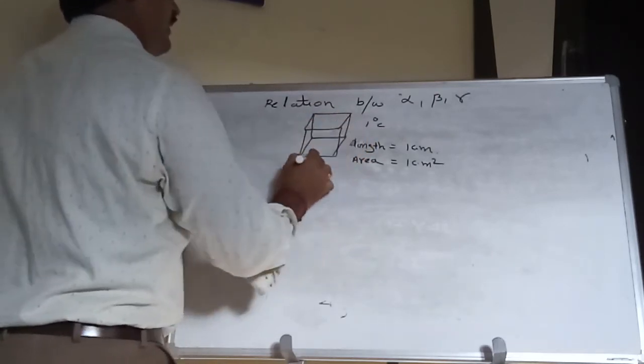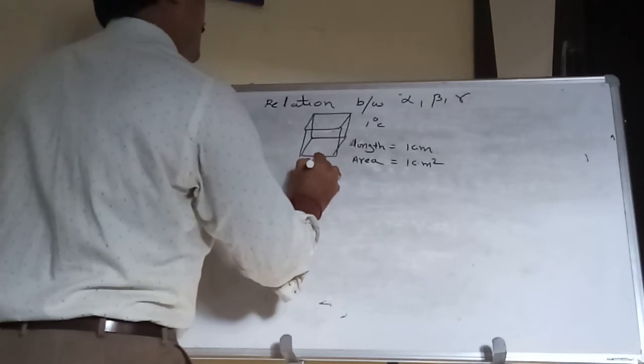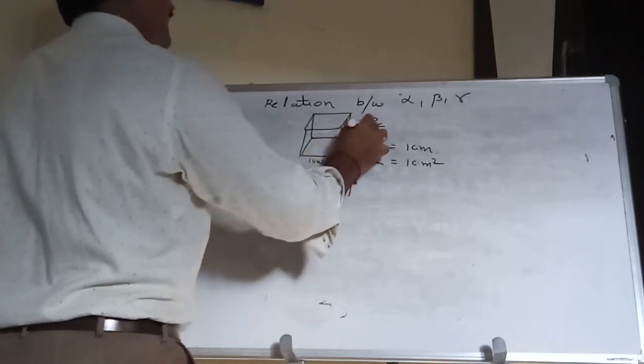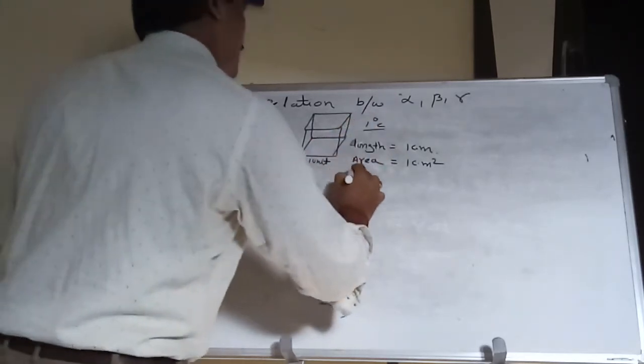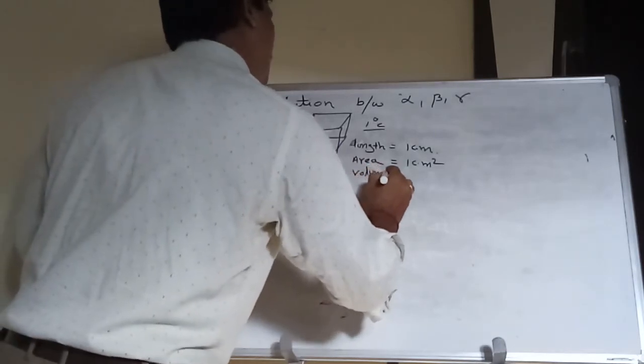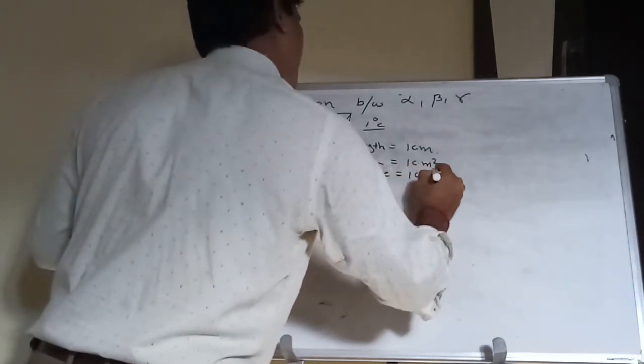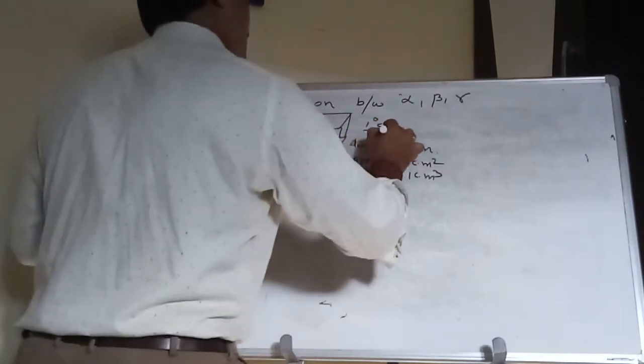For the cube, unit length 1, raising temperature 1 degree centigrade, the volume is 1 centimeter cube. This is the initial.